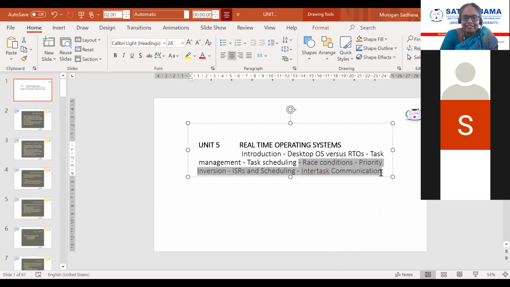Next we will see about race conditions and all. I think they ask about RTOS. You have to write about the kernel, and you have to write about the difference. So this is task scheduling. So we have discussed four important questions: RTOS and the kernel, then the difference between OS and RTOS, task management, and task scheduling.